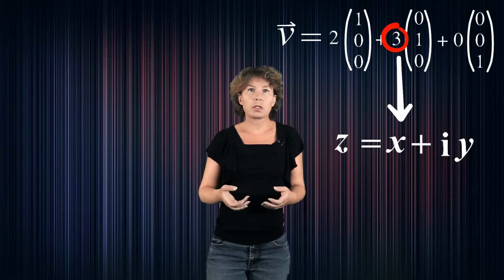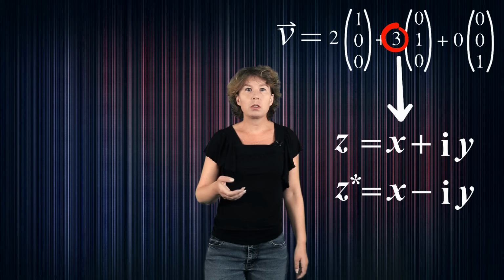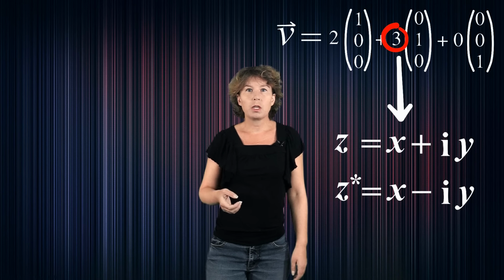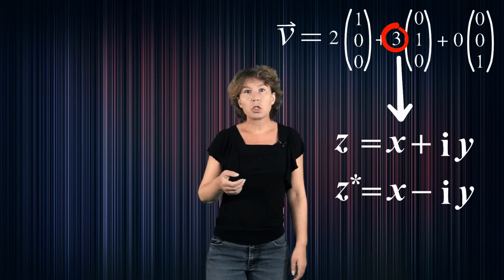These complex numbers can be conjugated, which is usually denoted with a star superscript and just means you change the sign of the imaginary part. So the complex numbers make quantum mechanics different from your school math. But the biggest difference is really just the notation.